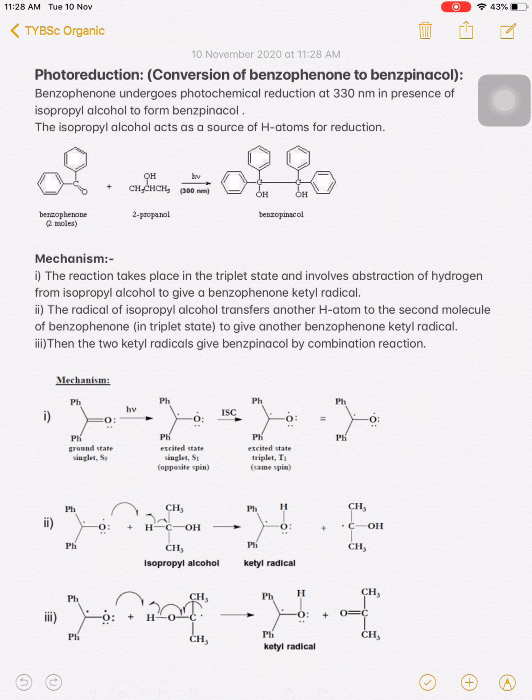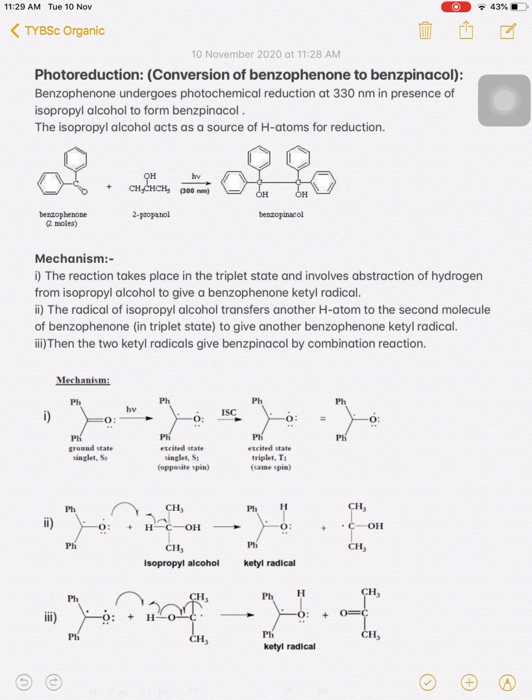If you see this reaction, I will read the first statement and we will discuss the reaction. Benzophenone undergoes a photochemical reduction reaction at 330 nanometer in the presence of isopropyl alcohol to form benzpinacol.